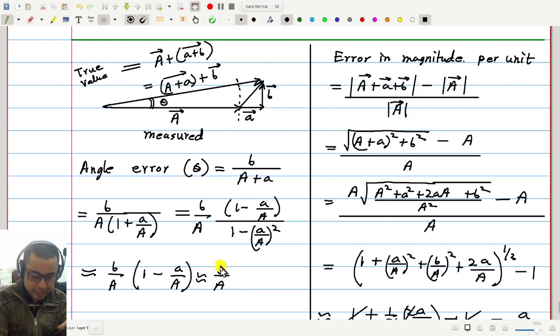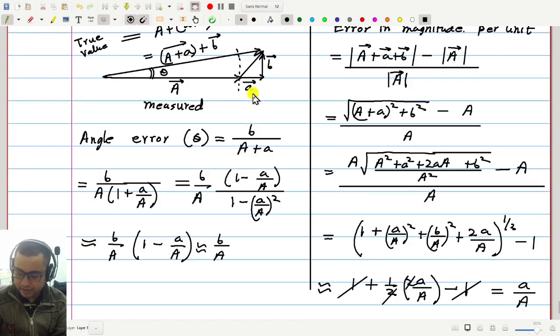Angle error is little b by capital A, where little b is the perpendicular component of the difference or error, and the magnitude error is little a by capital A, where little a is the parallel component or in-phase component of the difference or error.